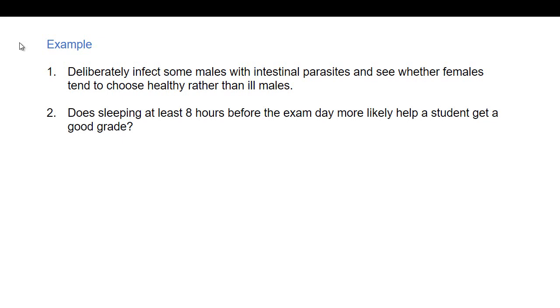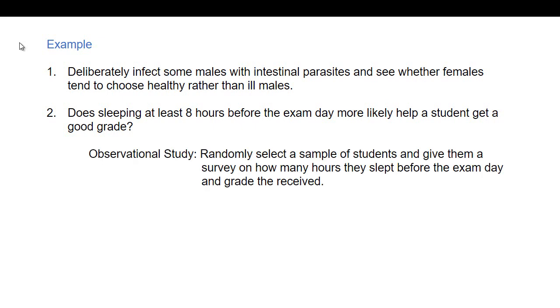Here's another example. Does sleeping at least 8 hours before the exam day more likely help a student get a good grade? One way to answer this question is to do the following study, which would be an observational study.